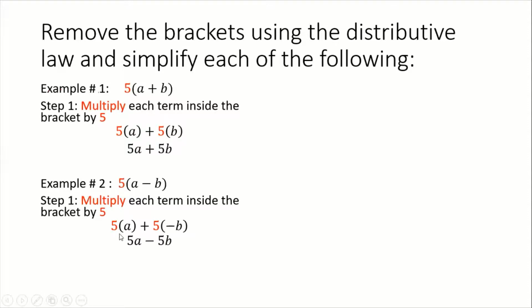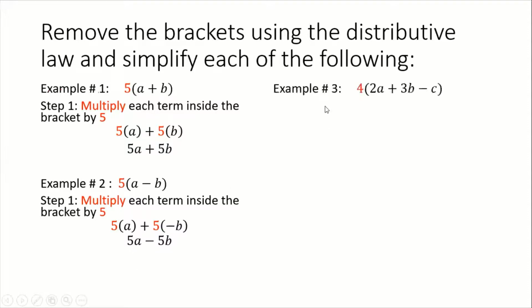So when you simplify, 5 times A will give you 5A, and positive 5 times a negative B will give you a negative 5B. So your final answer is 5A minus 5B. Cannot be simplified any further because they are unlike terms.